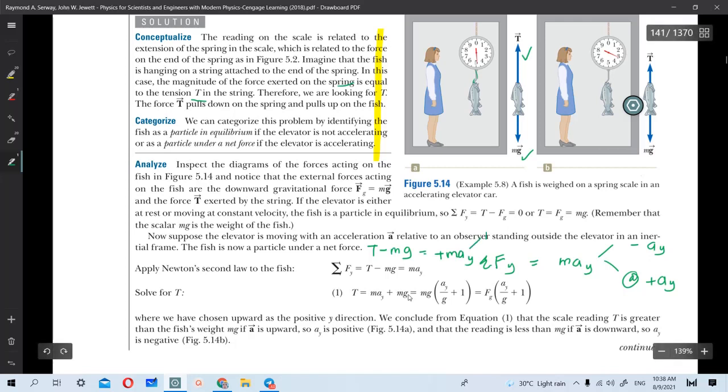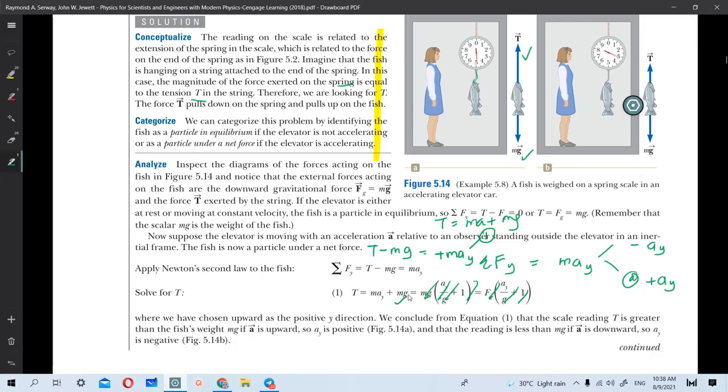So this is the first expression. And from this expression, you are going to rearrange and get the tension. As you simplify, you will arrive at ma plus mg. The rest is just factorization. So you can actually leave your answer as this and later on just substitute numbers.